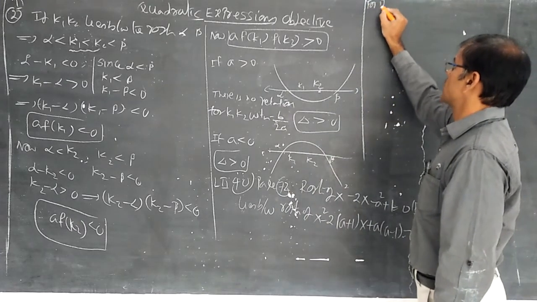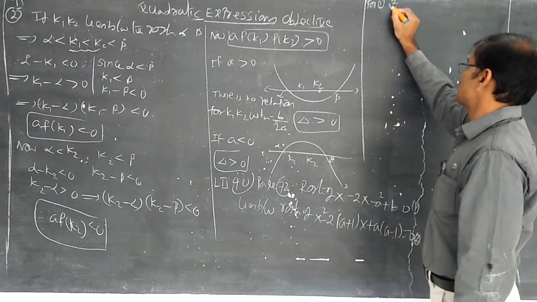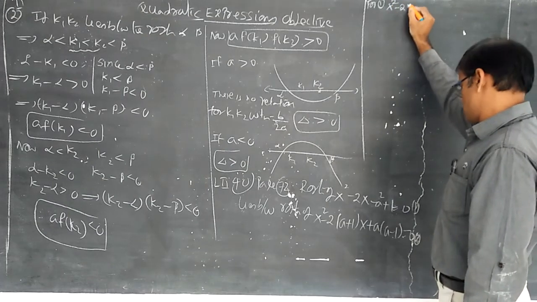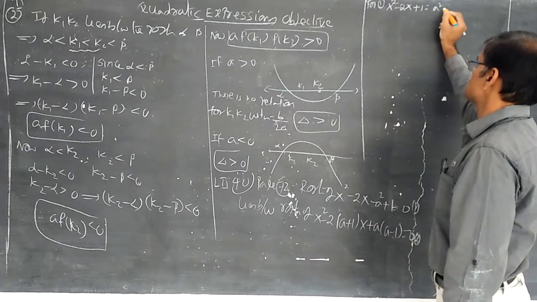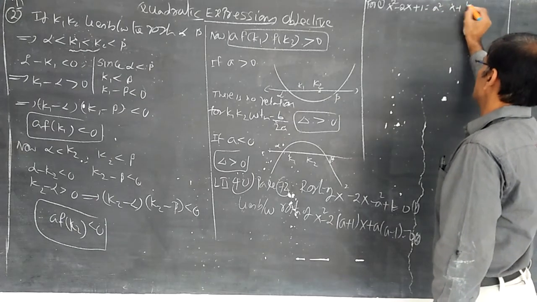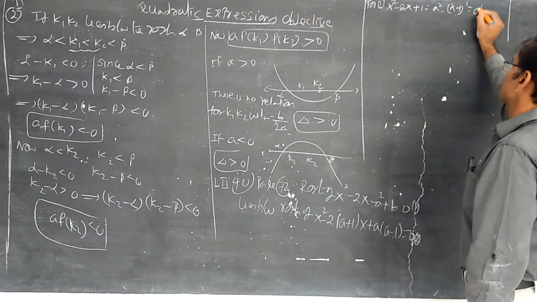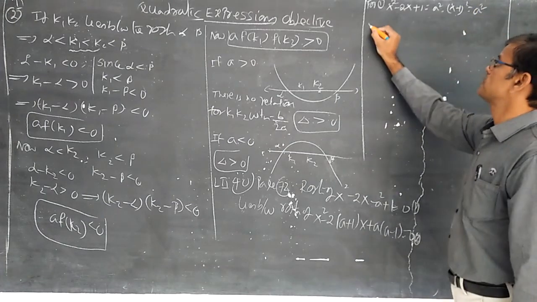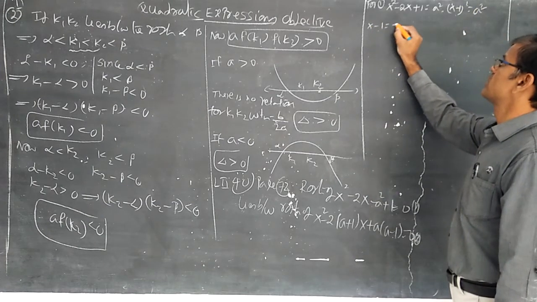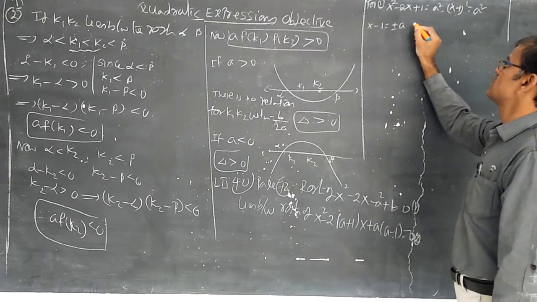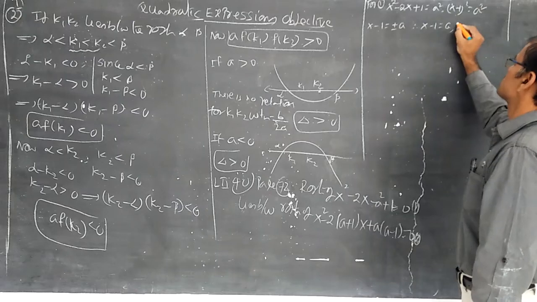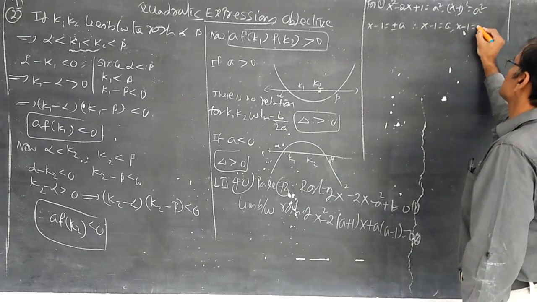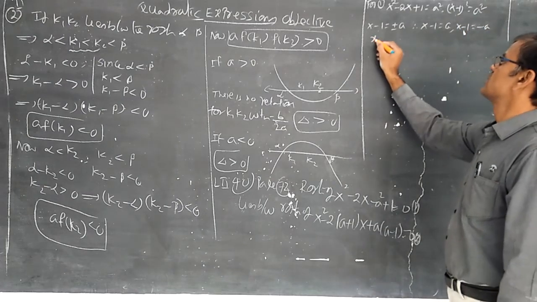For the first quadratic equation, you can write x square minus 2x plus 1 is equal to a square. So I am writing here x minus 1 whole square equal to a square. So x minus 1 is equal to plus or minus a. Therefore x minus 1 is equal to plus a, x minus 1 is equal to minus a.